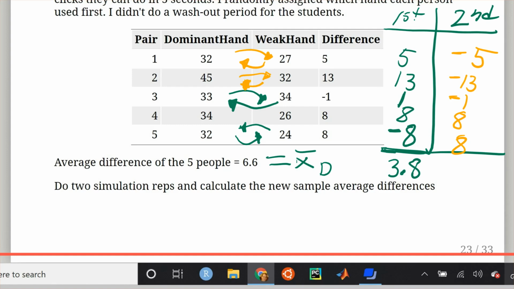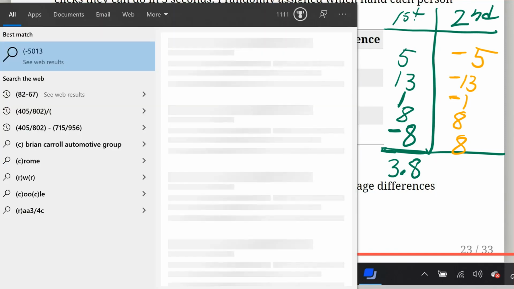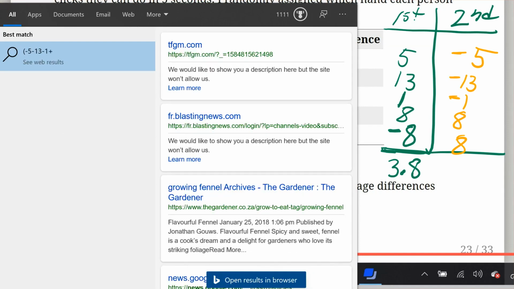Now my new average difference of these 5 people will be negative 5 minus 13 minus 1 plus 8 plus 8. Summing all those negative and positive numbers together equals negative 3.